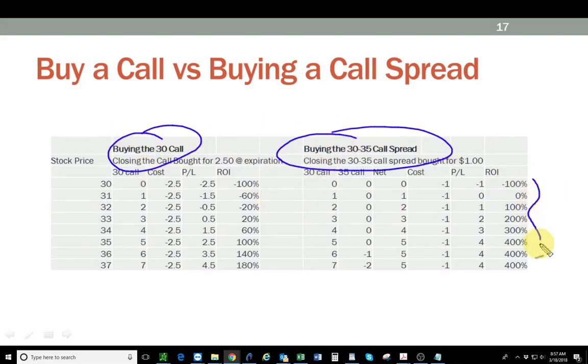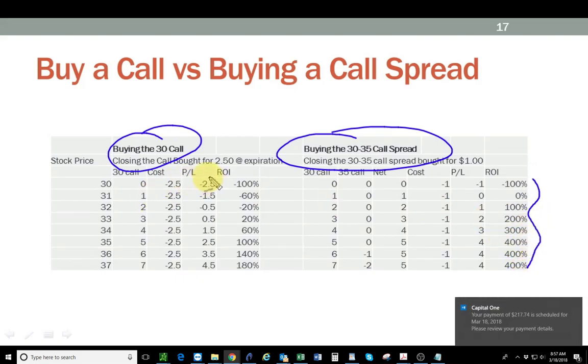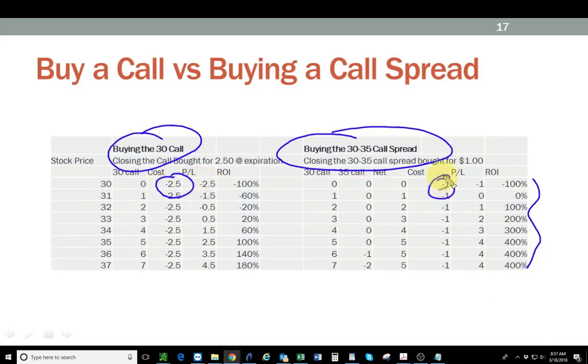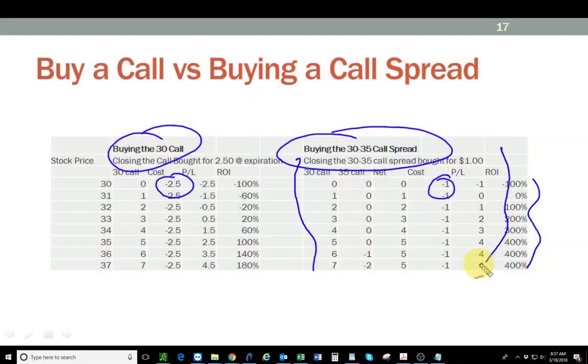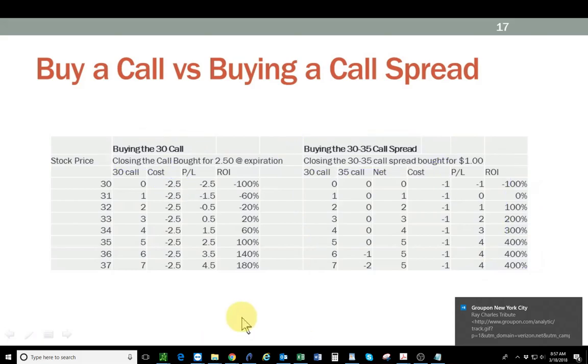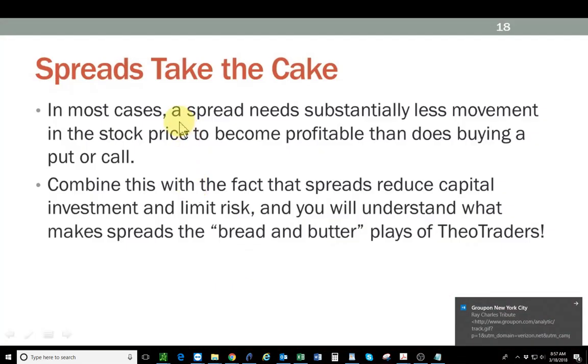You'll see the percentage returns of the call spread are not only better, but there's $2.50 of risk in buying the call when there's only $1 of risk in the call spread. So in pretty much every case you can think of, the call spread takes the cake. And that's exactly the next slide. Spreads take the cake.